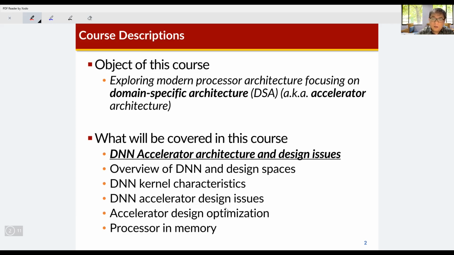And then I will discuss the processor in memory. Matrix multiplication or some other matrix operation can fit the structure of the memory, because the memory is composed of the bit line and the word line.